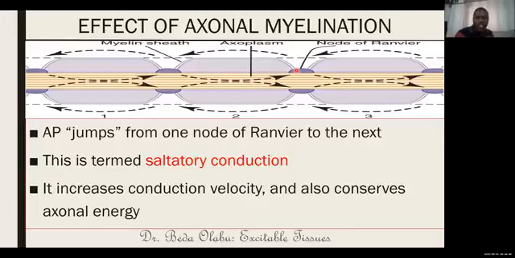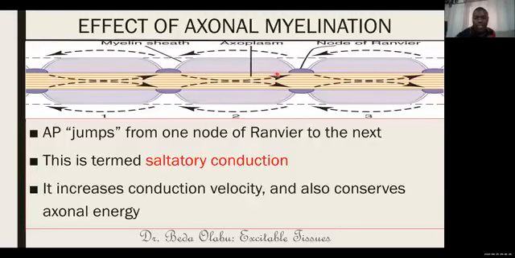But the second advantage is that if the action potential is just jumping from here to here, this region of the membrane is actually not affected much. For that reason, there will be less energy required to return this region of the membrane to normal. Because the depolarization events are just at the nodes of Ranvier, this segment of the membrane is less affected, so less energy is required to return it to normal.